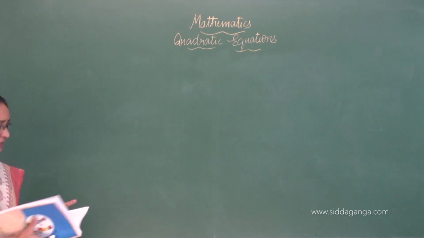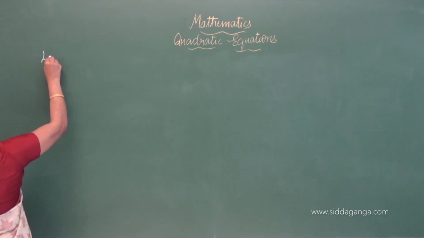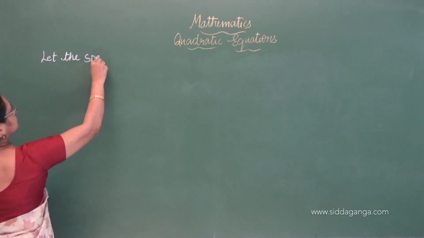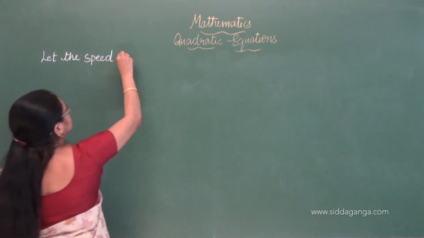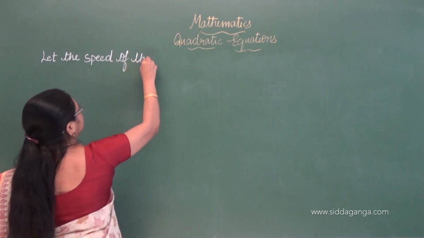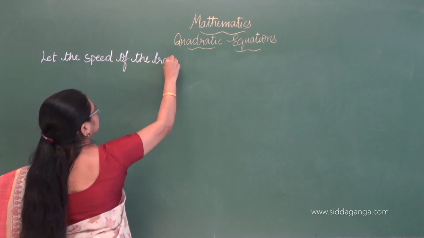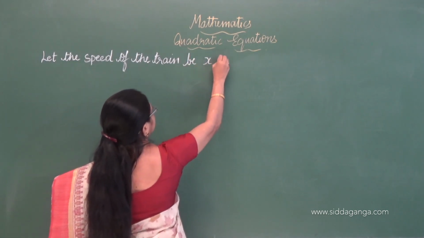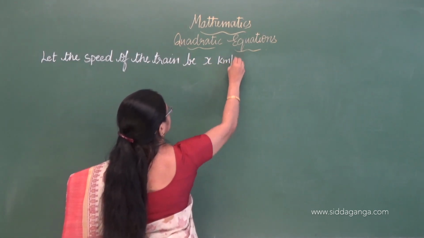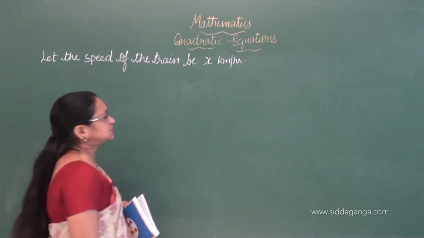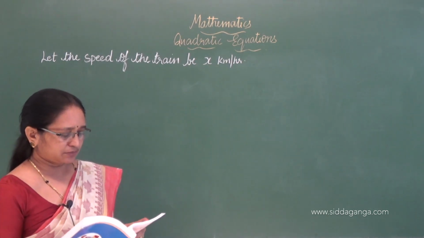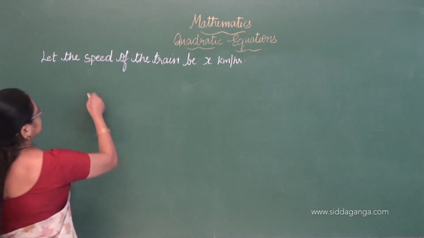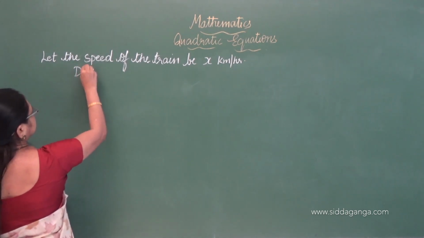So how shall we start now? Let the speed of the train be x kilometer per hour. So what is the distance covered?